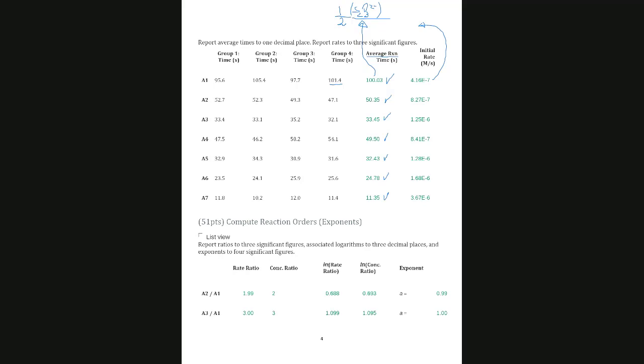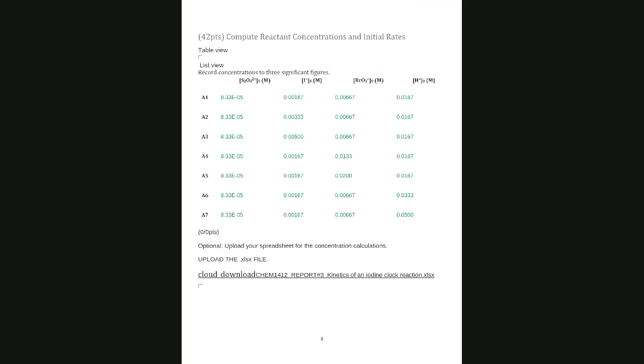So, for this value, which one is the initial concentration of this? Let's look at mine. Where do you see my initial concentration for A1 of thiosulfate? Remember, we are going to use the initial concentration of thiosulfate to calculate the initial rate.